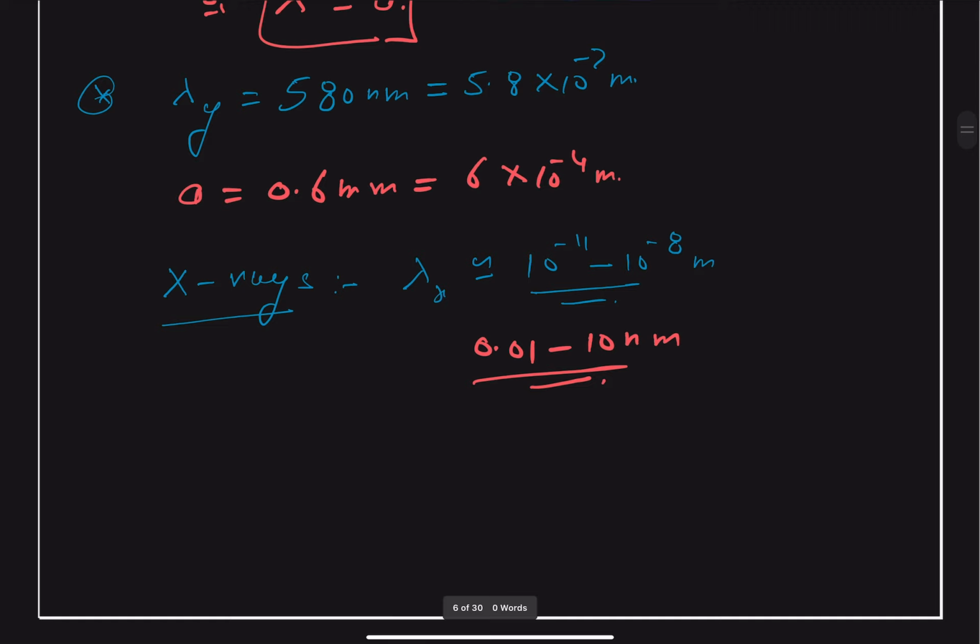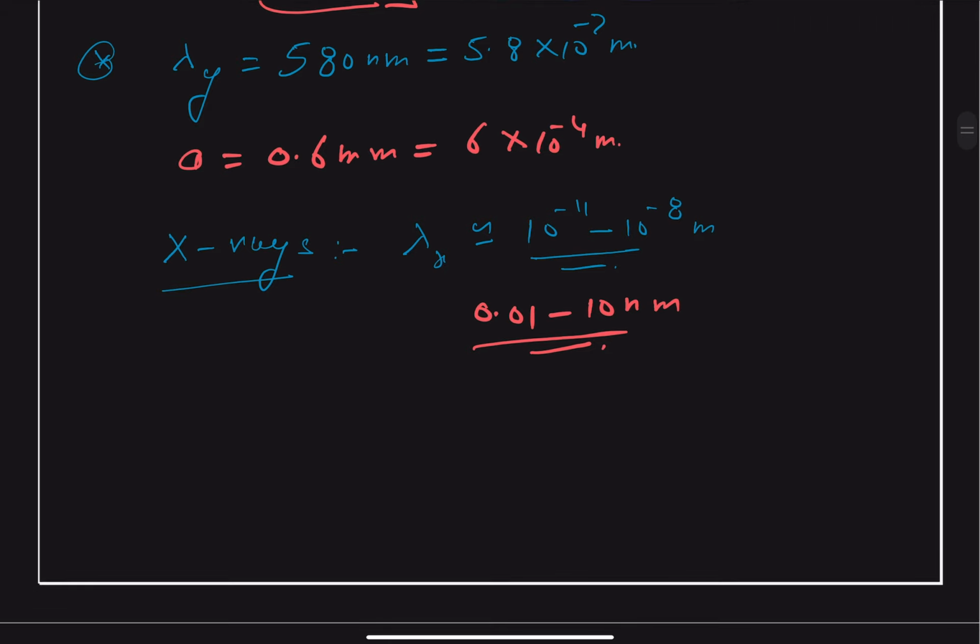And therefore we can write that the wavelength of X-rays is very much smaller compared to the aperture width. So because of this, the diffraction condition is not met.